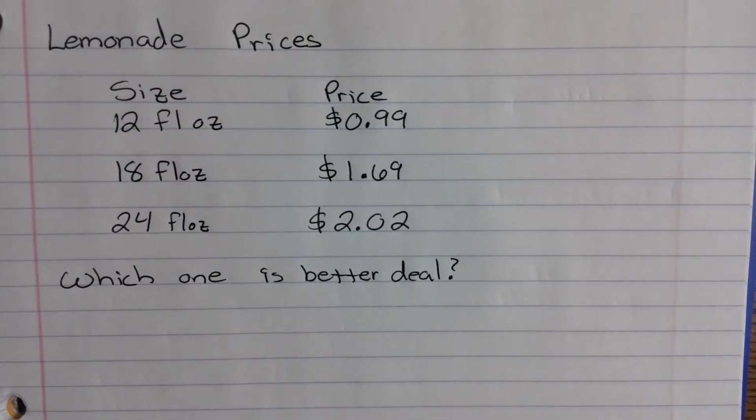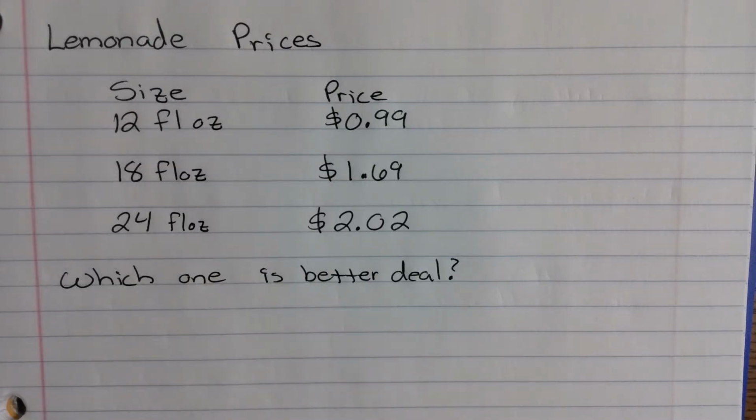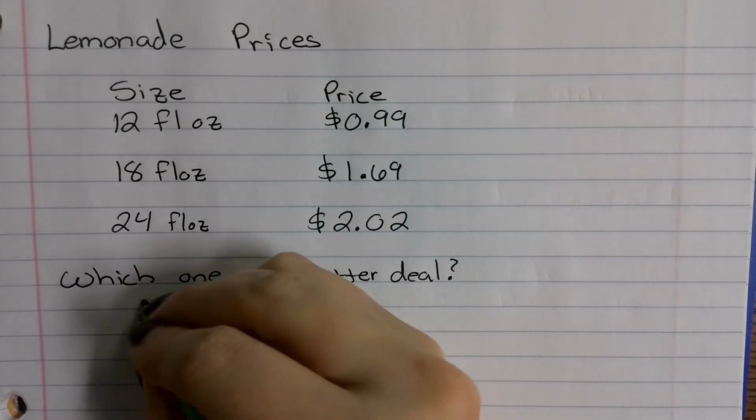So again, if I'm only worried about the immediate price, then I'm going to go with the smallest item. It's the cheapest one. But if I'm looking at long term, if this is something that I'm always going to be buying for my family to use and to consume, then I need to look at the unit price of it. Now, the way that you find the unit price, you have to take the price.